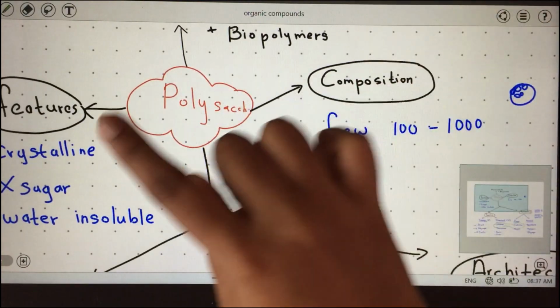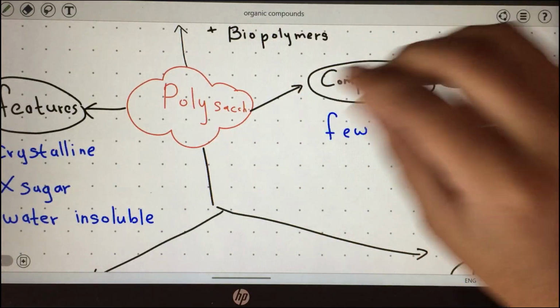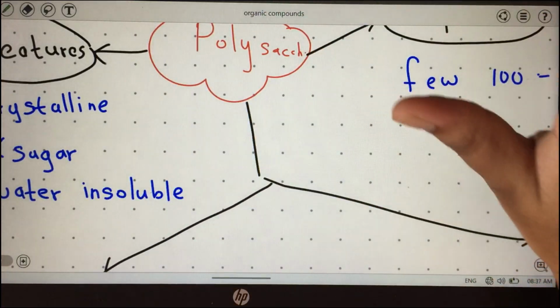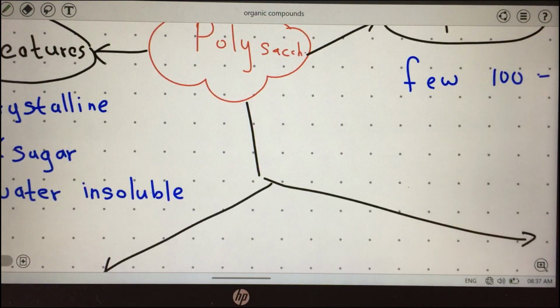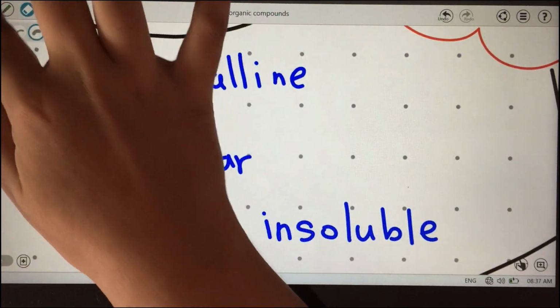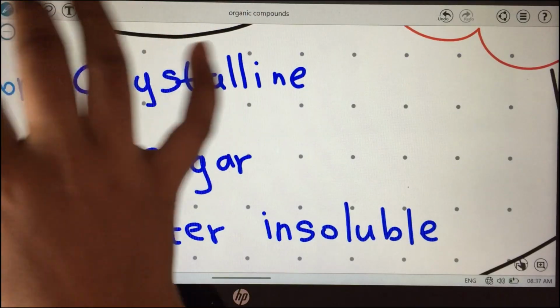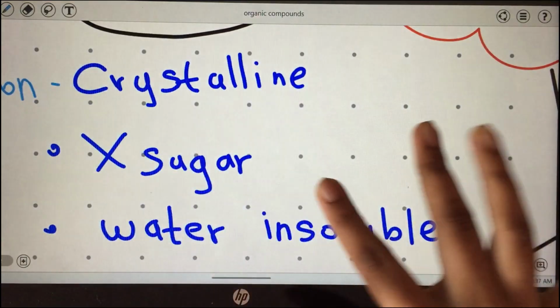Under features, remember that sugar scenario. Here of course it's not a sugar, it's water insoluble, and it's crystalline. Okay, so don't think this is not crystalline. Sorry, there's a small mistake. This is also non-crystalline.